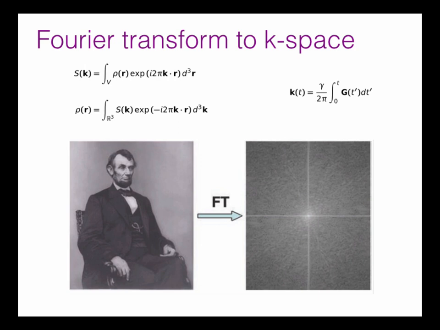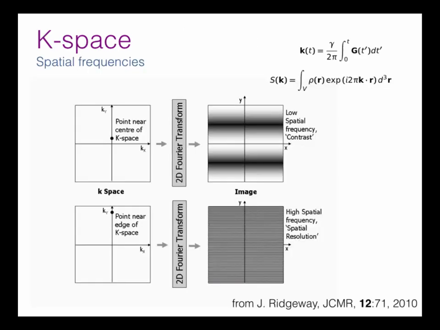This is rho of r, the spatial map of our water magnetization, and S of k is our k-space. And so this is basically spatial frequencies, as Vinay discussed before. So here's a point near the center of k-space, just slightly offset in the ky direction, and you see we have this kind of low frequency modulation of space in the y direction.